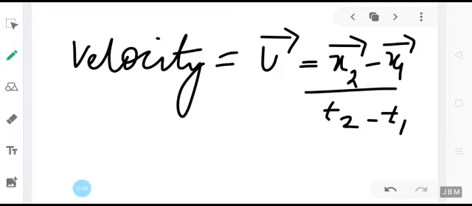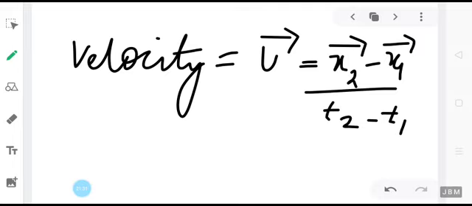The velocity of an object is taken to be positive if the object is moving towards the right of the origin, and negative if the object is moving towards the left of origin. No force is required for an object to be in uniform motion. The average and instantaneous velocities have same value in a uniform motion.